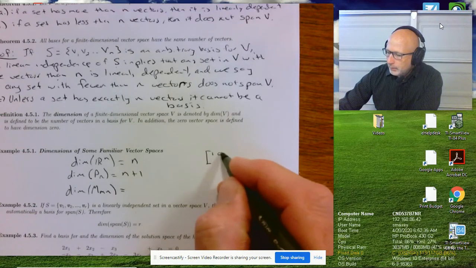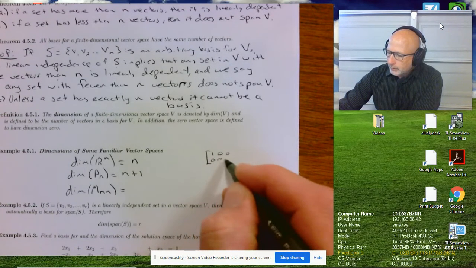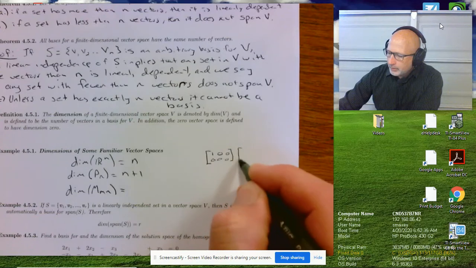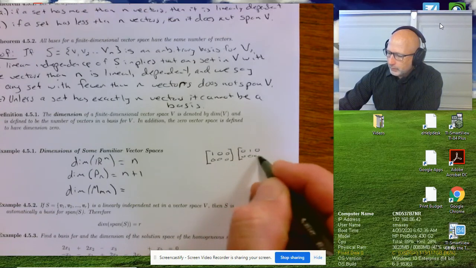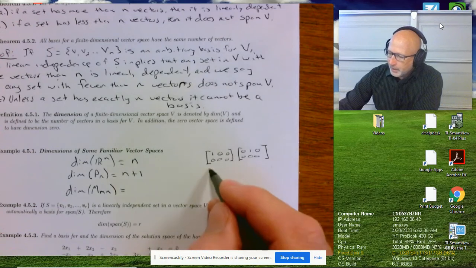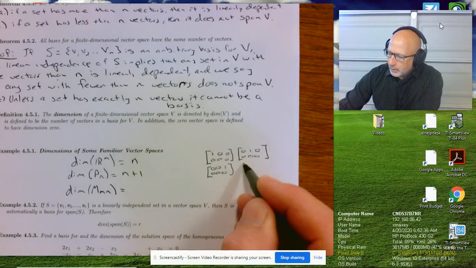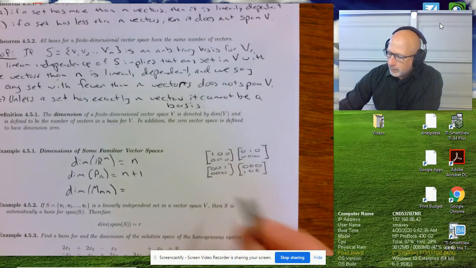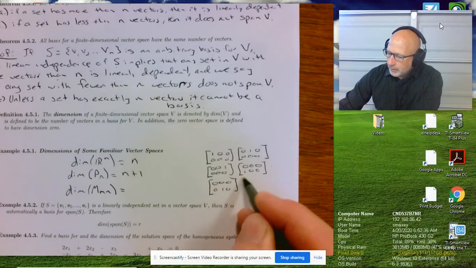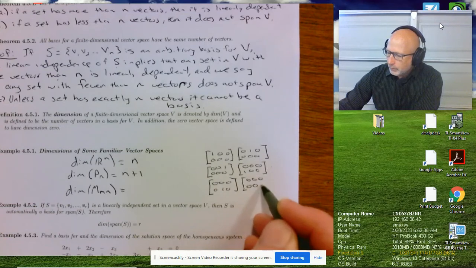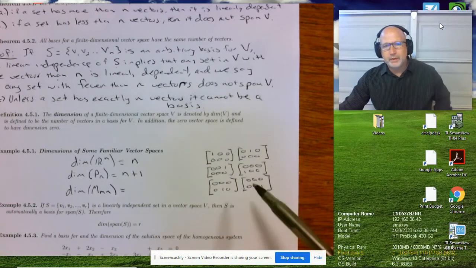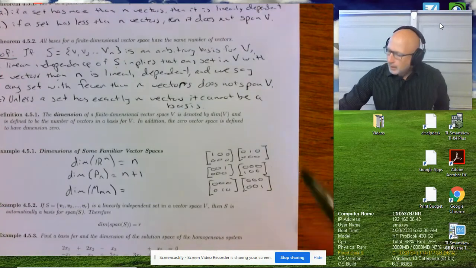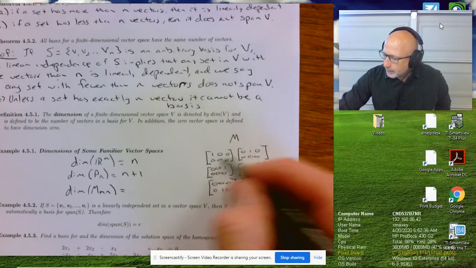I have 1, 0, 0, 0, 0, 0, and then 0, 1, 0, 0, 0, 0, and so on. I continue to write these out: 0, 0, 1, 0, 0, 0, and then 0, 0, 0, 1, 0, 0, and 0, 0, 0, 0, 1, 0, and then the last one 0, 0, 0, 0, 0, 1. We know that this set of vectors spans it, and this is m, rows by columns, so 2 by 3.